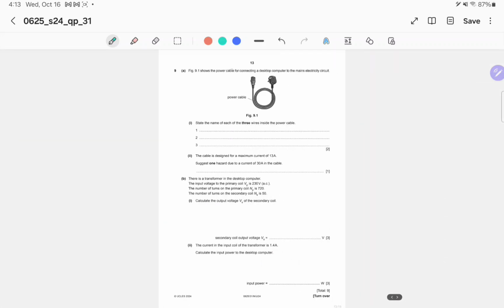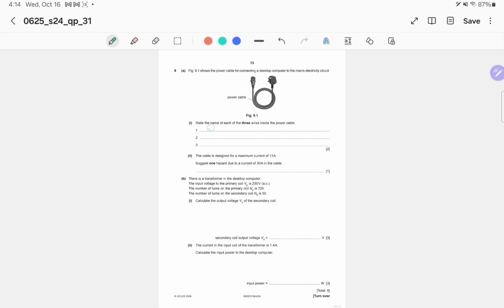Ninth question: the figure shows the power cable for connecting a desktop computer to the mains electrical circuit. What is the question they asked in this? State the name of the 3 wires inside the power cable.